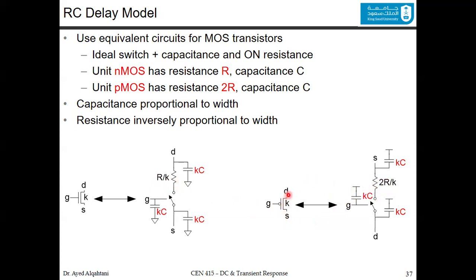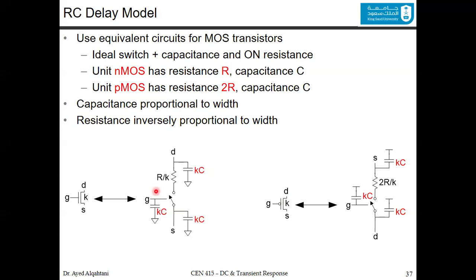So why is the resistance of the PMOS twice the resistance of the NMOS given the same width K? Same reason that we talked about many times before. By inheritance, the mobility of the electrons, mu n, is equal to twice the mobility of the holes, meaning that there is more resistance. This is actually twice the resistance in the PMOS compared to the NMOS.